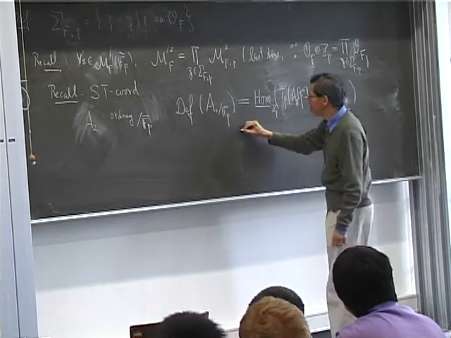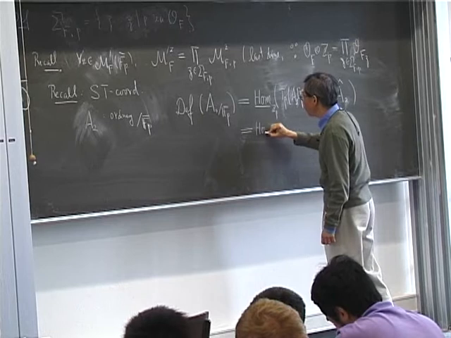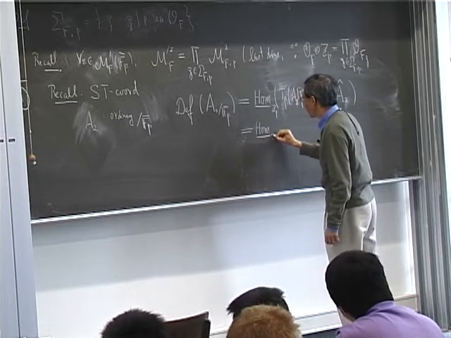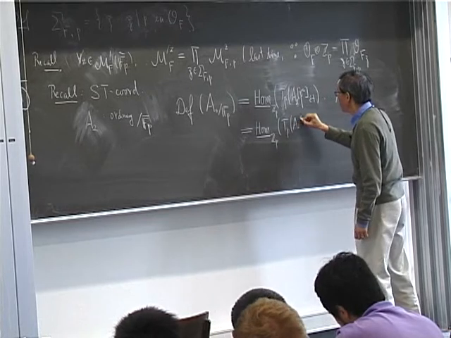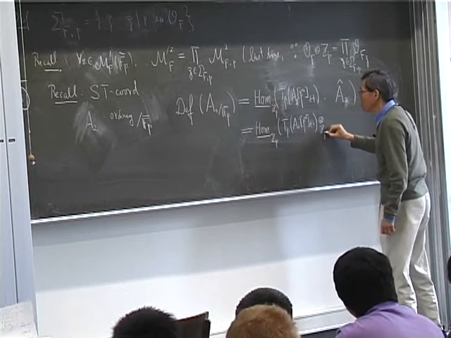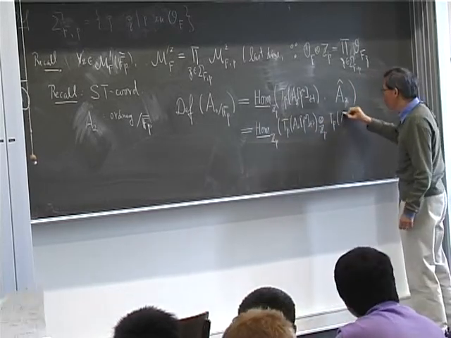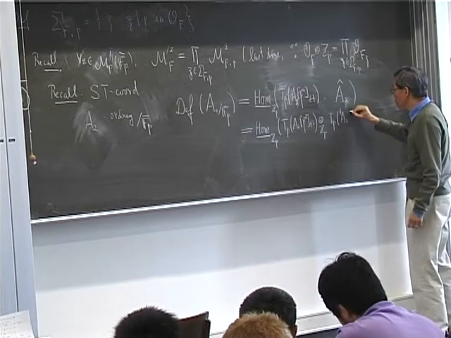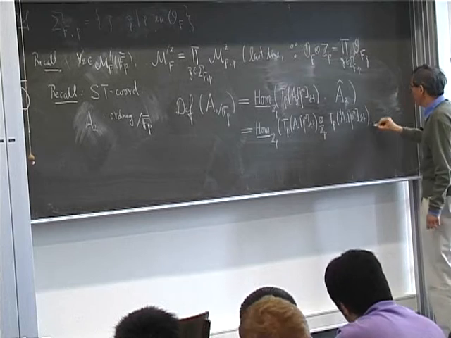And this, by duality, is the same as Hom over Z_p of T_p(A2[p^infinity]), the same thing as before, tensored over Z_p with the p-adic Tate module of the transpose of A2, taking its Barsotti-Tate group, maximal étale quotient.